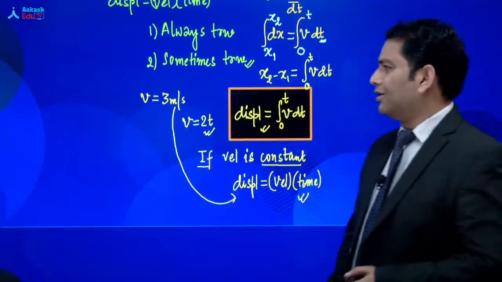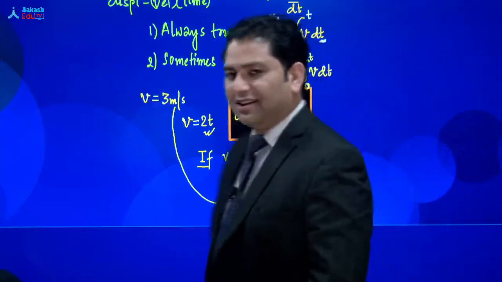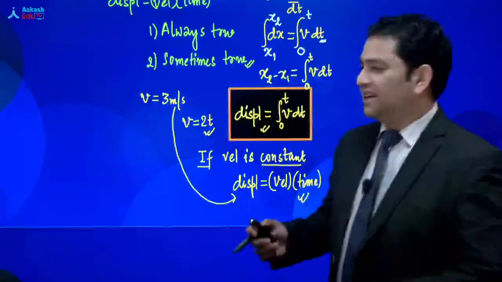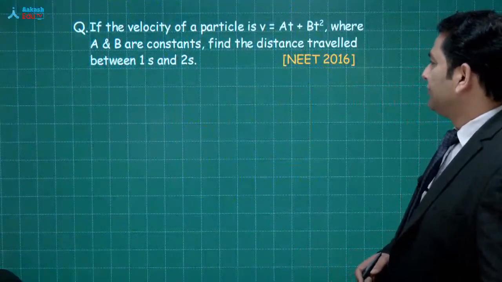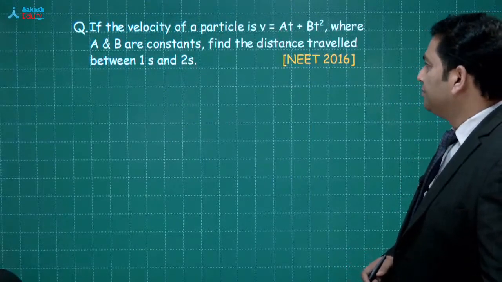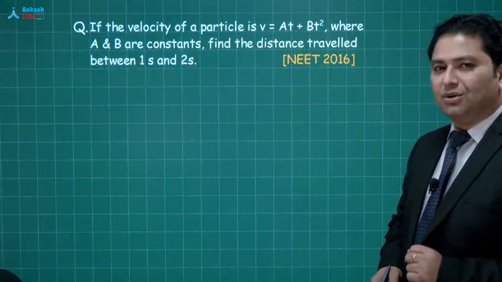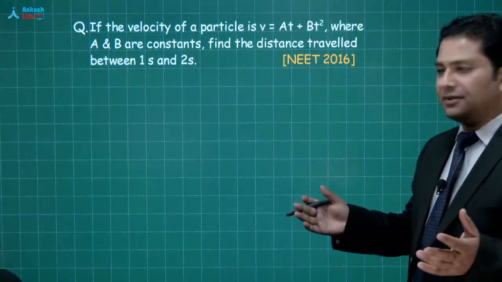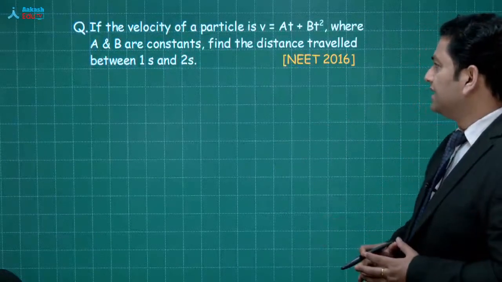Let's begin now with a numerical. All of you are ready perhaps? Right? So here it is, the numerical. The velocity of a particle is given as at plus bt square. It is clear that the value of velocity is variable, where a and b are constant, but there is a factor of t.